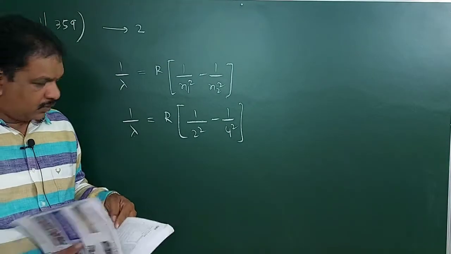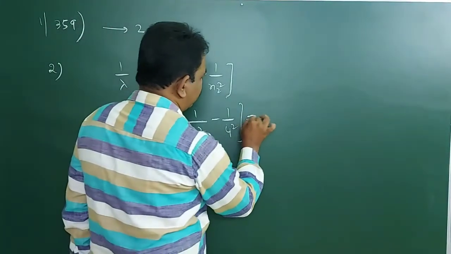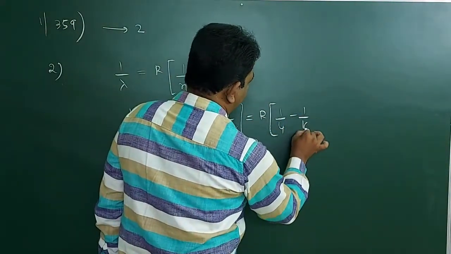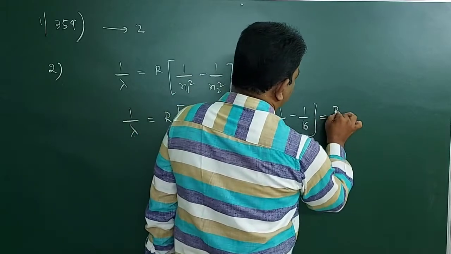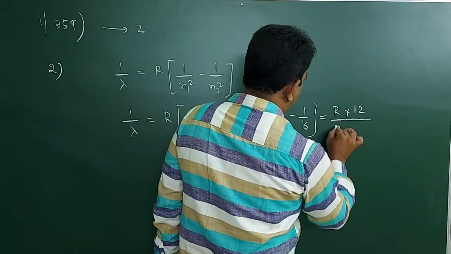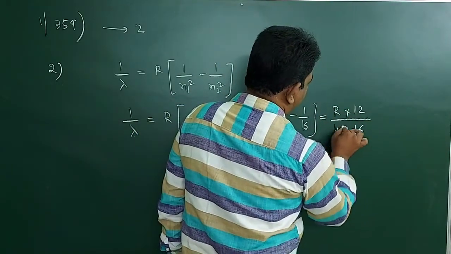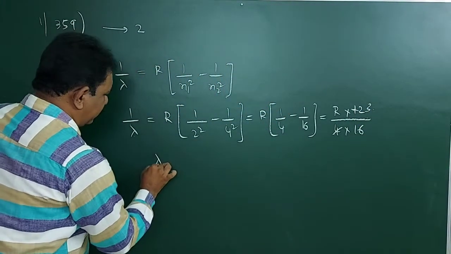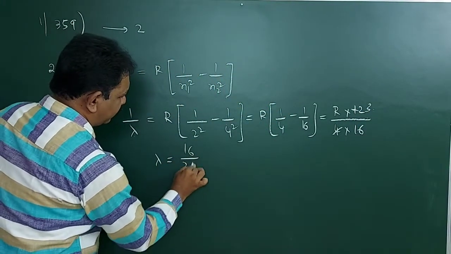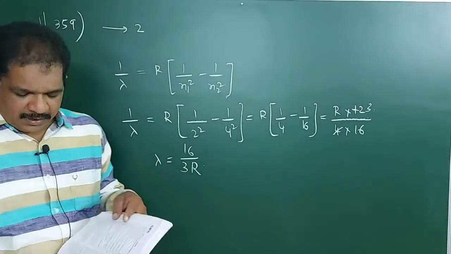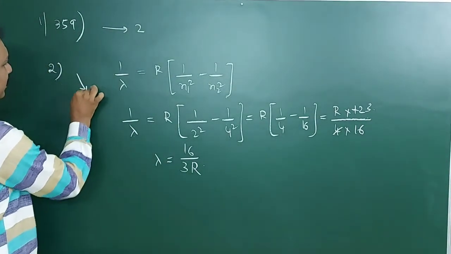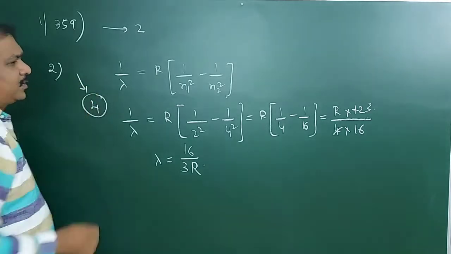So how much will we get? R into 1 by 4 minus 1 by 16, R into 12 by 4 into 16. 4 threes will cancel. Lambda is equal to 16 by 3R. Second, it will be the fourth option.